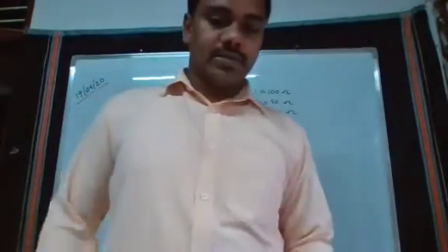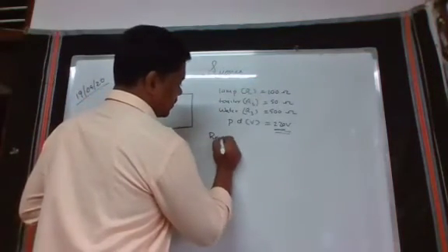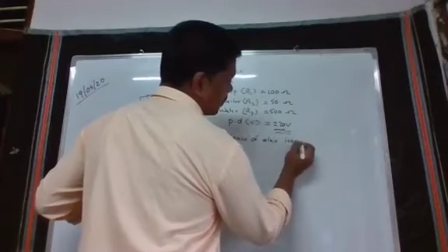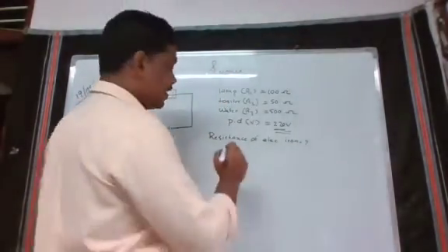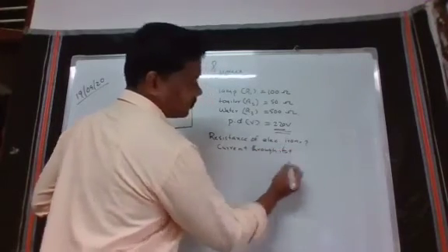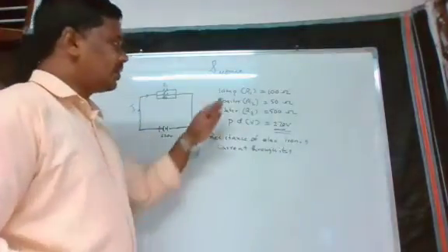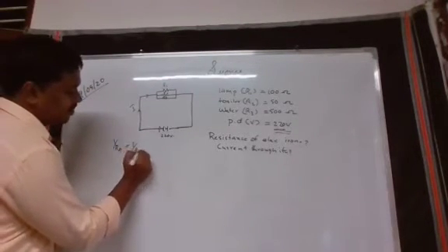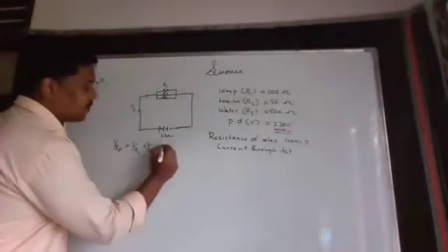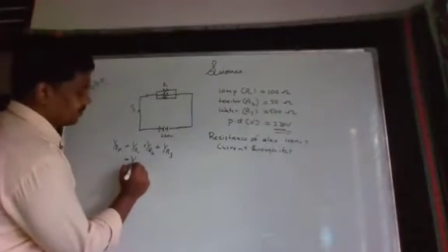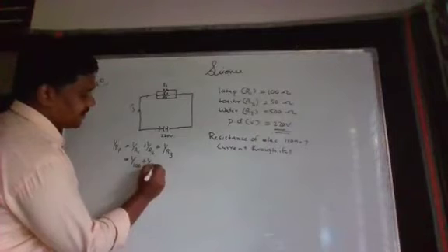So first let us find the total resistance of these in parallel. 1 by Rp is equal to 1 by R1 plus 1 by R2 plus 1 by R3, that is 1 by 100 plus 1 by 50 plus 1 by 500.